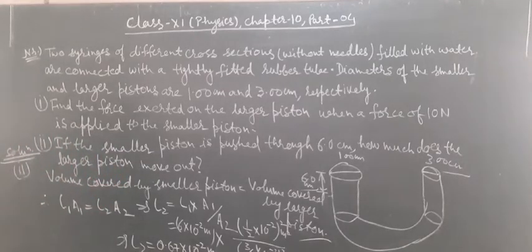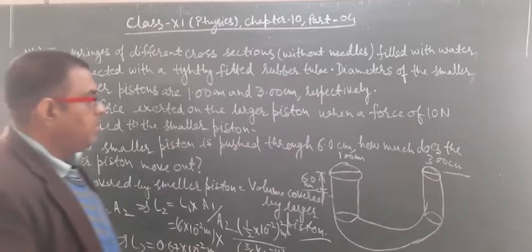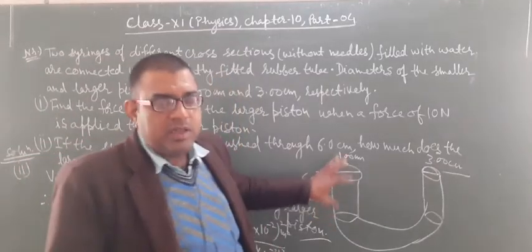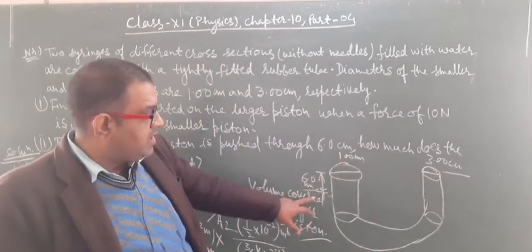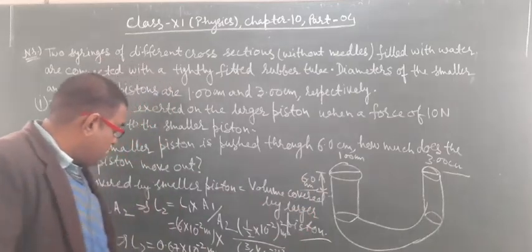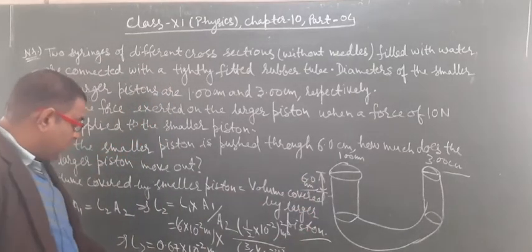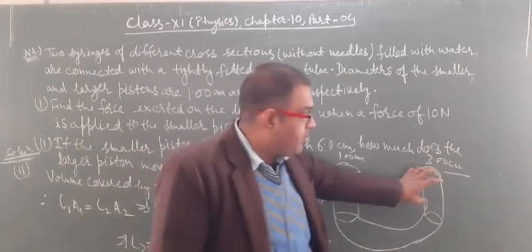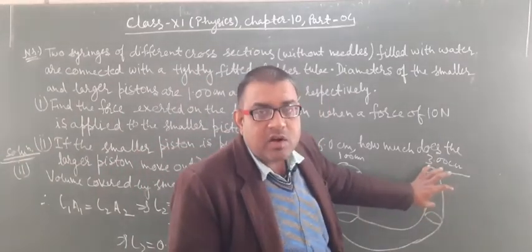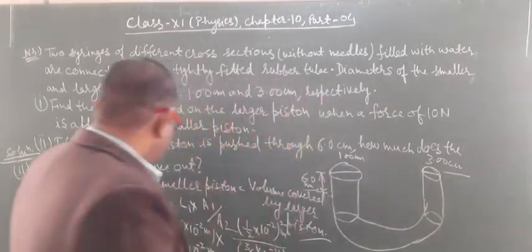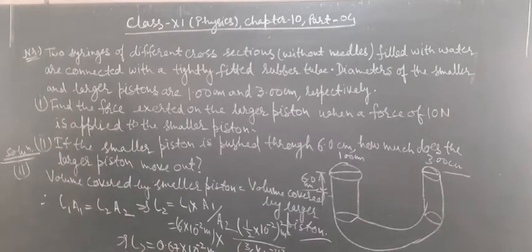So if the smaller piston is displaced through 6 centimeter, then the piston having larger cross-sectional area will be lifted by 0.67 centimeter.